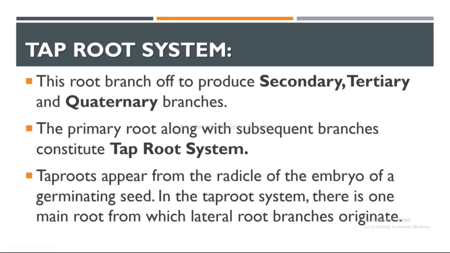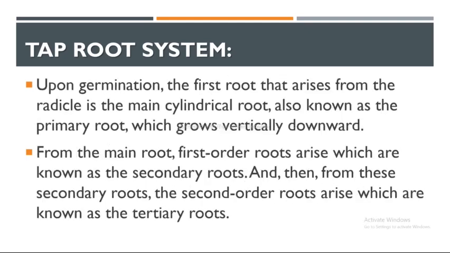In the taproot system, there is one main root from which the lateral root branches originate. Upon germination, the first root that arises from the radicle is the main cylindrical root, which is known as the primary root, and which grows vertically downward.